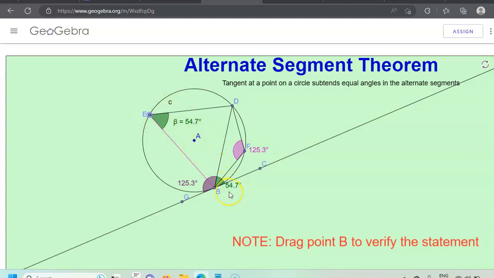The given angle formed by the chord and the tangent line is at the right side, so the alternate segment is at the left side. So we have the point E, connected to the endpoints of the chord D and B. So we have the angle at the alternate segment, and it's also measuring 54.7.